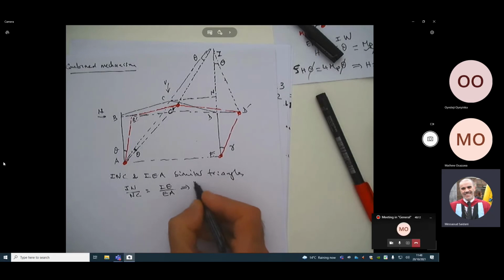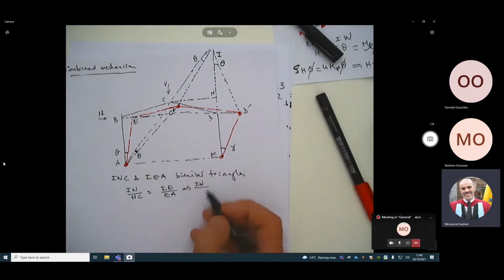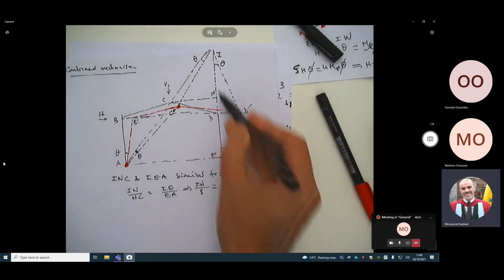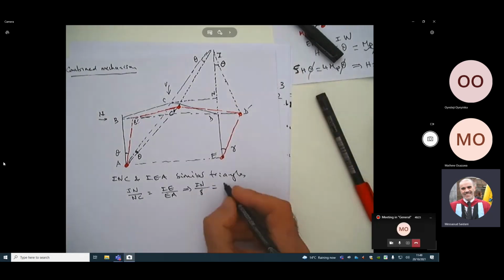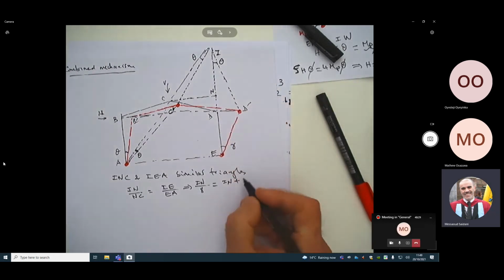So therefore we have IN, which we don't know. NC we know, NC is 8. Equals IE, we don't know IE, but IE is IN plus what? What's this here? 5 plus 2, 7.